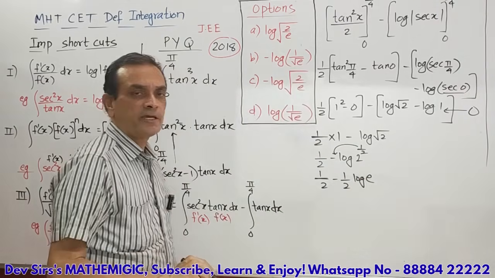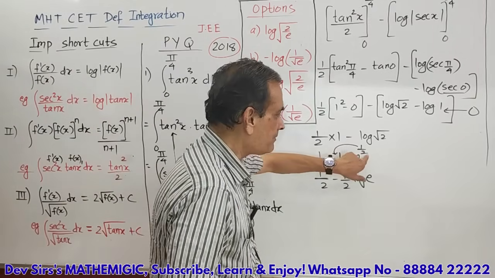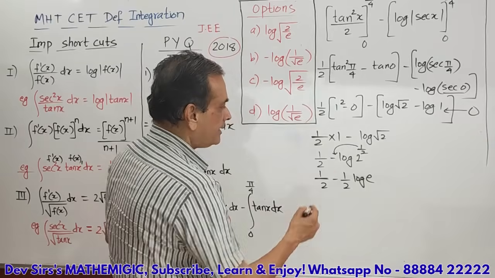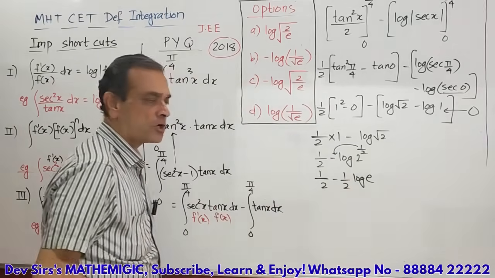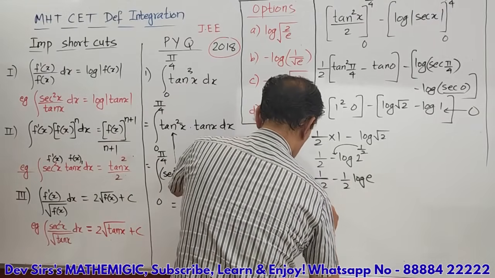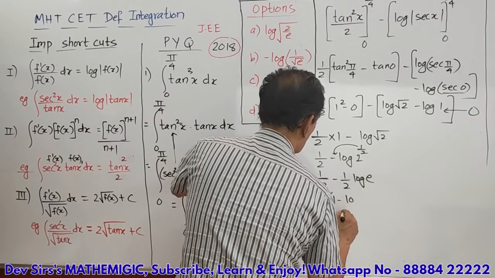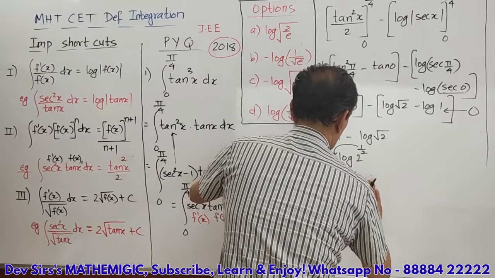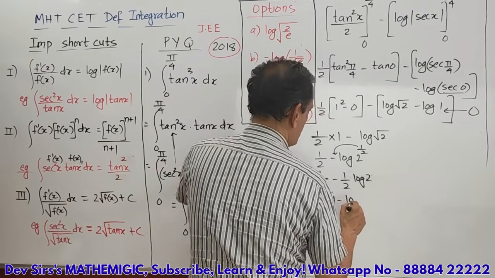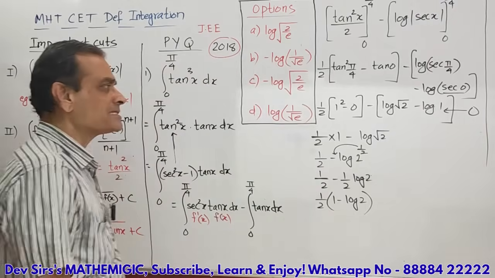So the thinking process is I'm trying to simplify because I'm having half here. I'll try to get half there, and half comes in front by the rules of logs. Take out half common. One minus log 2.